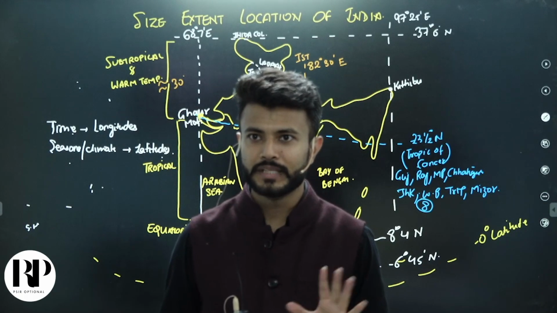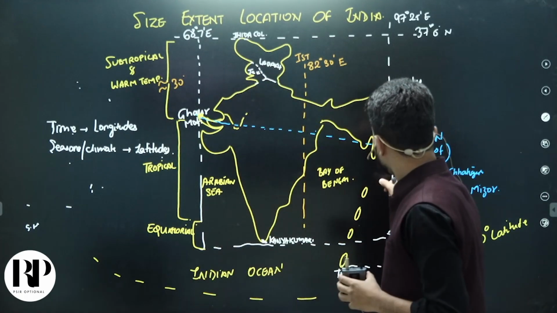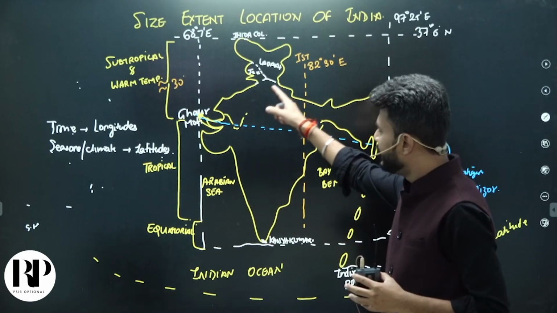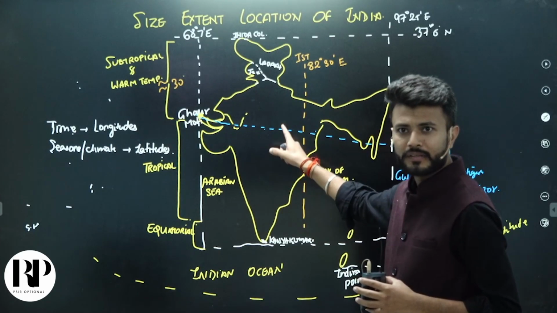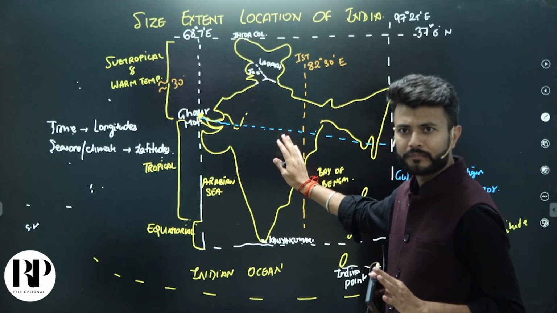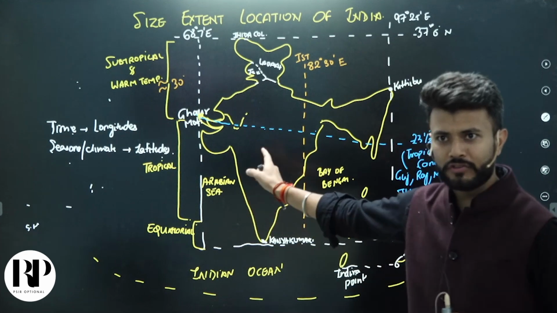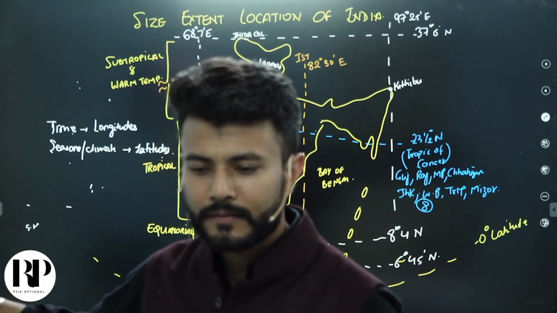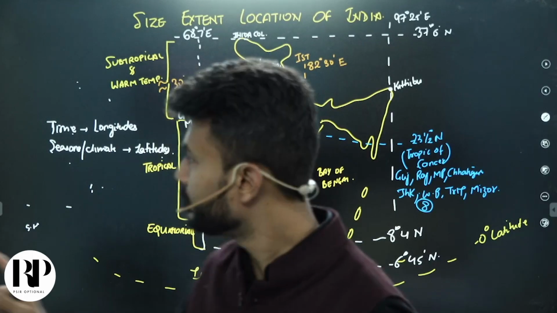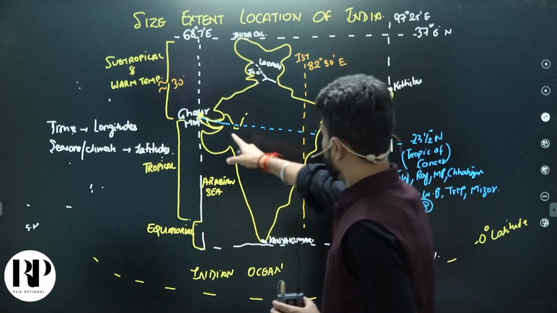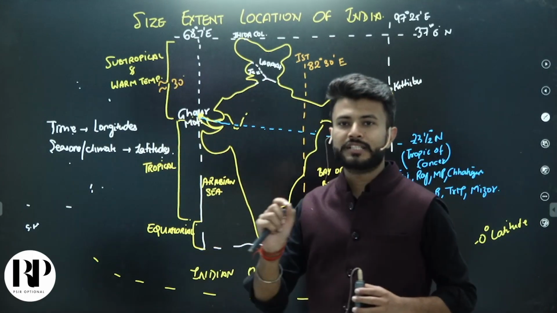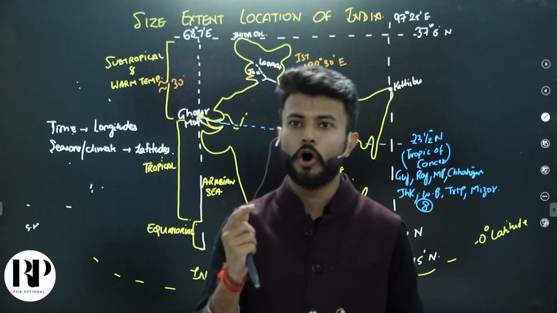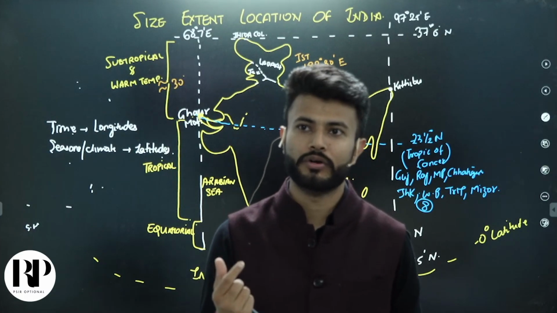ठीक है. Or do I need to dictate these facts, or are these facts clear? You people have drawn this thing? Yeah. So can you please tell what is there near Gujarat? This one. Yes. Ghuar Moti, Gaur Moti village.